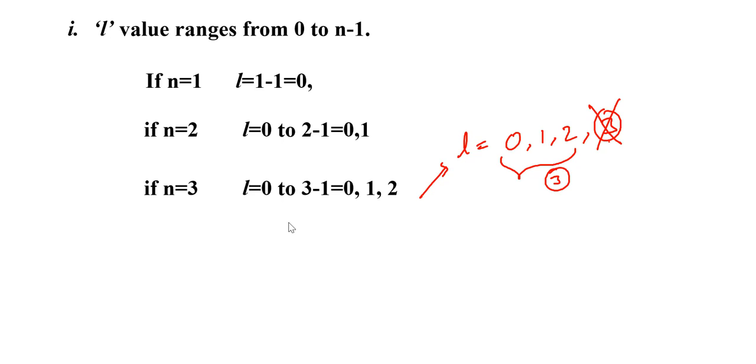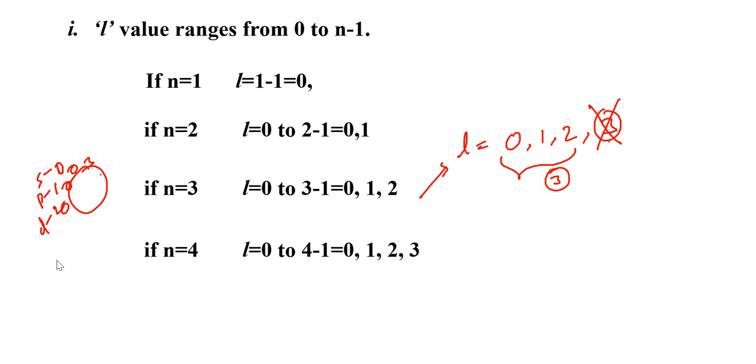That means if you take orbit 3, how many subshells are there in the 3 orbit? 3 subshells are there. What are the names? Generally 0, 1, 2. 0 indicating S, 1 indicating P, 2 indicating D. We will discuss that also. Okay, you understood the L values now?